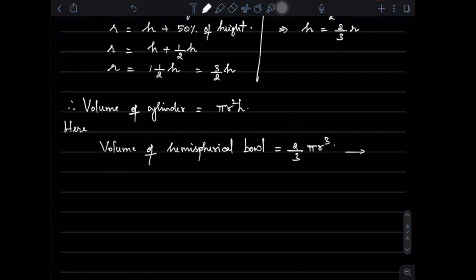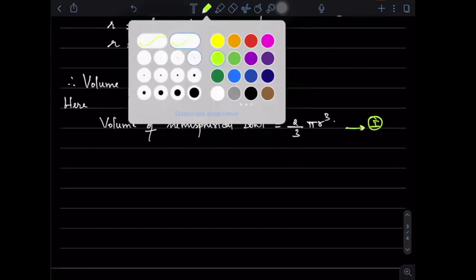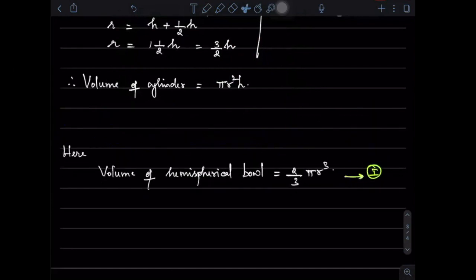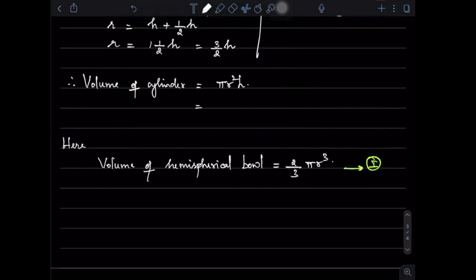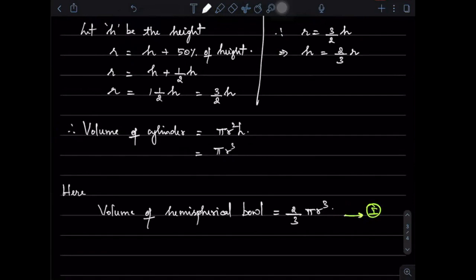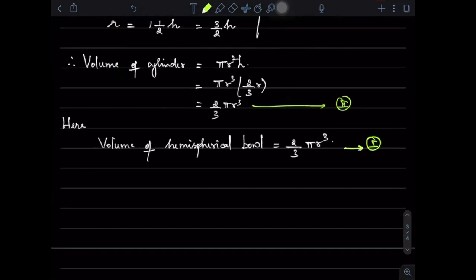Let me call this 1. Now if you calculate the volume of the cylinder, pi into radius squared, and instead of h I substitute 2 by 3 r. So what do I get? 2 by 3 pi r cube. This I call the second. So from 1 and 2, what can we see? 100% of juice gets transferred.